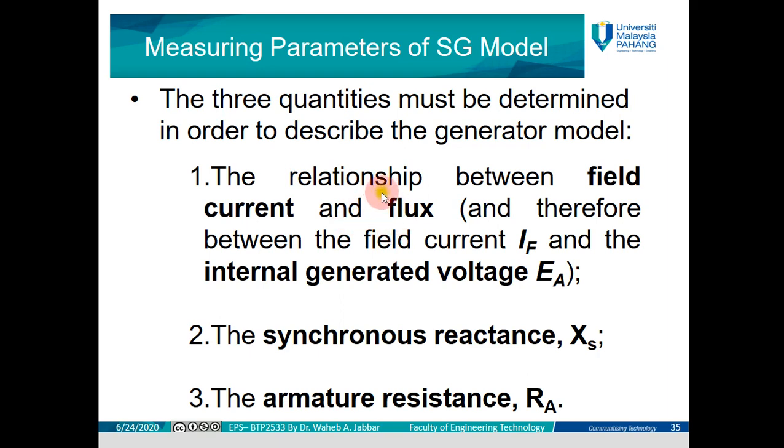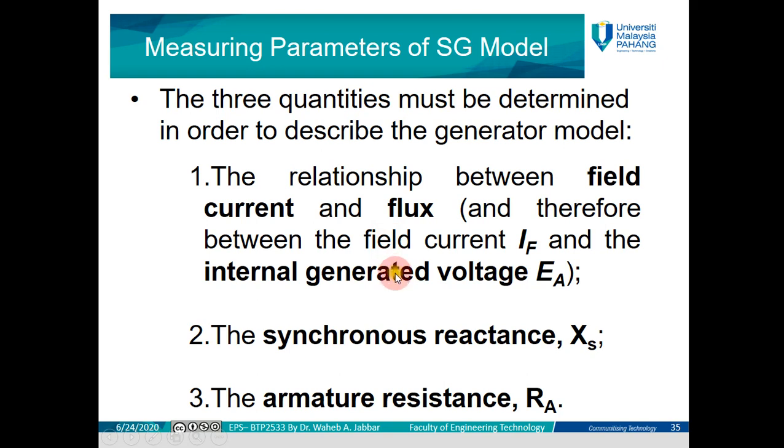When we studied the previous machines like the induction machine, transformer, or DC machines, we always talked about how we can measure the parameters, or the components, of the equivalent circuit of the machine. Usually we have to conduct some tests in order to find the model of the equivalent circuit of the machine.